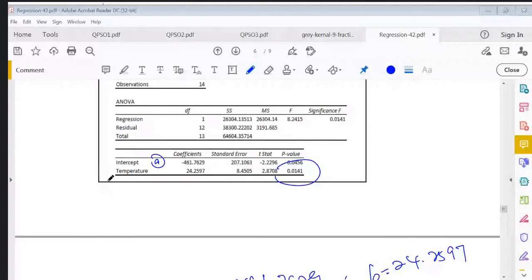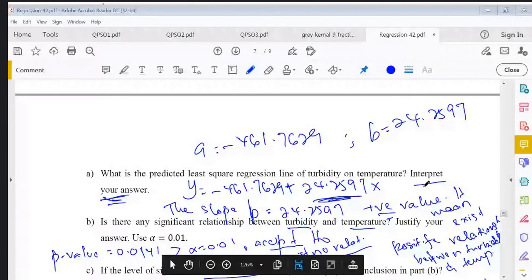Can you repeat the part where you interpret, for exercise 3A? Okay, 3A, interpret the answer. Just look at the slope. If you see this one, the slope is positive. When positive, we can say that the slope B is 24.2597, a positive value.